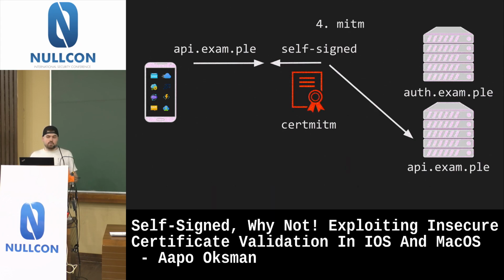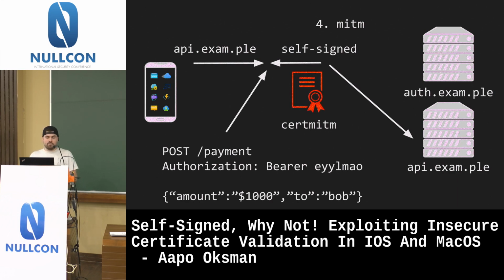So what we do is a man-in-the-middle attack, and we have a connection between Certmitm and the client, and then we create a connection between Certmitm and API example, and because we are connecting to both ends, we can actually see what is going on inside the connection. So if we forward this first request, because it tries it again, we can forward it to API example.